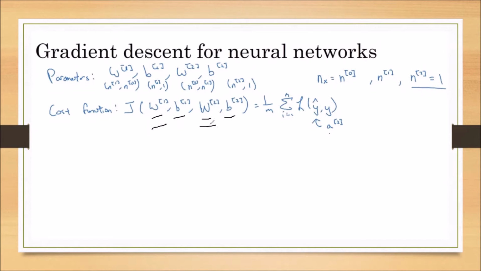For these parameters, we want to know how the cost function J can be minimized. We minimize this cost function J by using the gradient descent algorithm. After minimizing it, we find at what values of W superscript 1 and B superscript 1, W superscript 2 and B superscript 2, we get the minimum value of the cost function, and we will substitute these weights in our neural network.